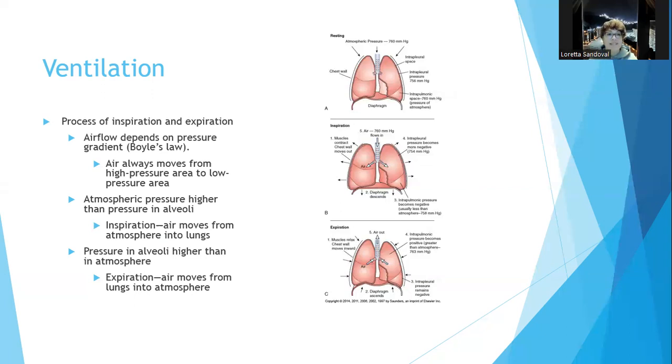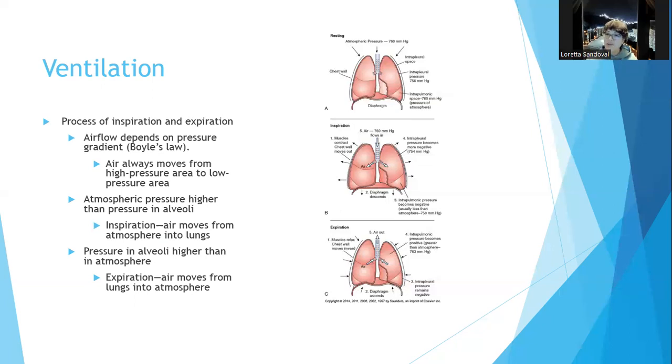When atmospheric pressure is higher than pressure in the alveoli, air moves from the atmosphere into the lungs. When pressure in the alveoli is higher than the atmosphere, air moves from the lungs into the atmosphere. So the structure of the lungs and the muscular support for breathing actually causes those pressure changes, which is pretty cool.